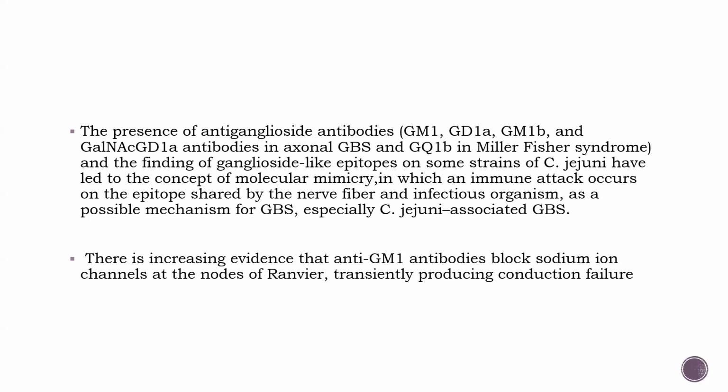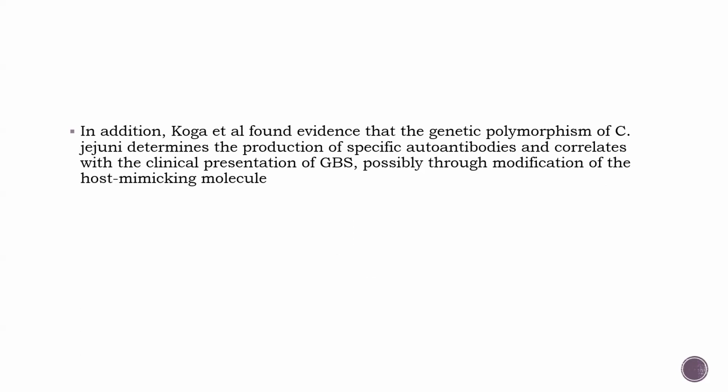There is increasing evidence that anti-GM1 antibody blocks sodium ion channels at nodes of Ranvier, transiently producing conduction failure. In addition, Koga et al. found evidence that genetic polymorphism of Campylobacter jejuni determines the production of specific autoantibodies and correlates with clinical presentation of GBS, possibly through modification of host-mimicking molecules.